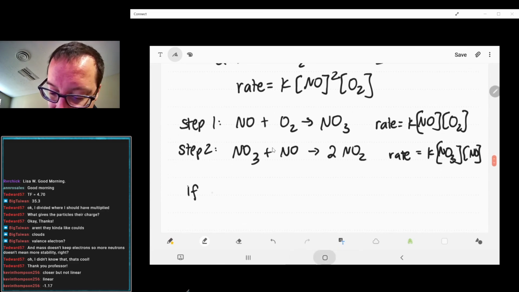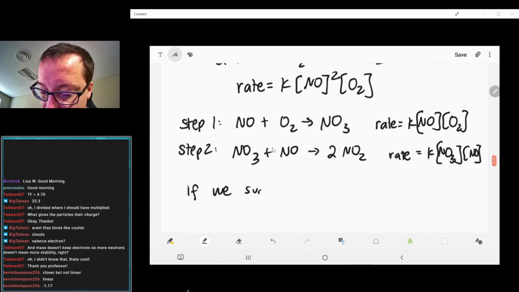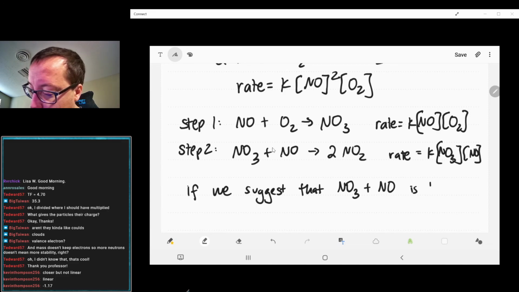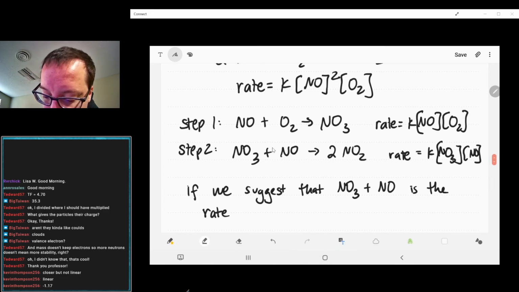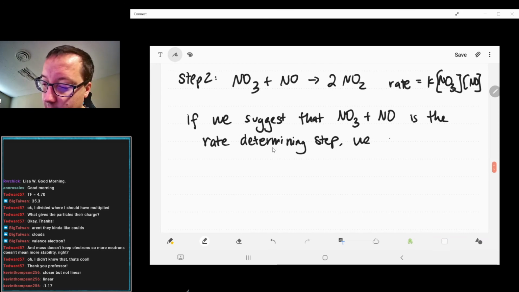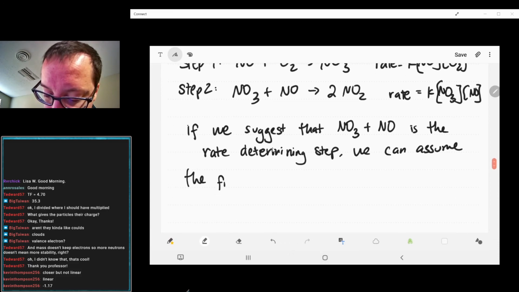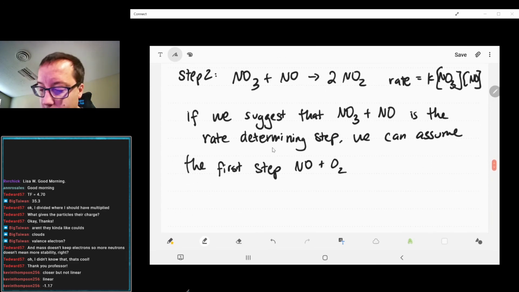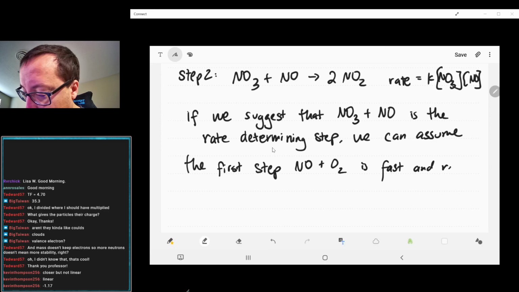If we suggest that step 2 is the rate determining step, we can assume the first step, which is nitrogen monoxide plus oxygen, is fast and now reversible.